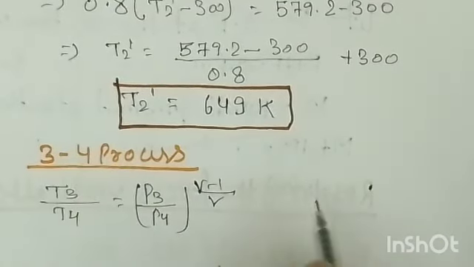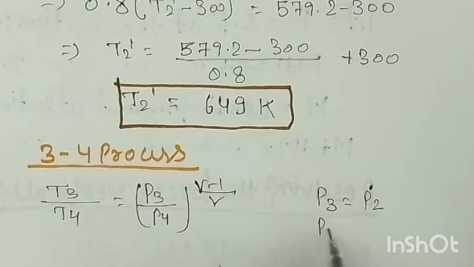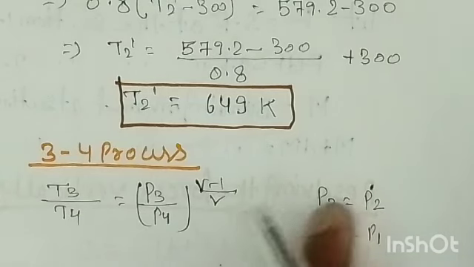But you know that P3 is equal to P2 and P4 is equal to P1. Why? Because 2 to 3 is a constant pressure line, and 4 to 1 is also a constant pressure line, meaning heat is supplied at constant pressure and heat is rejected at constant pressure. That's why these are equal.